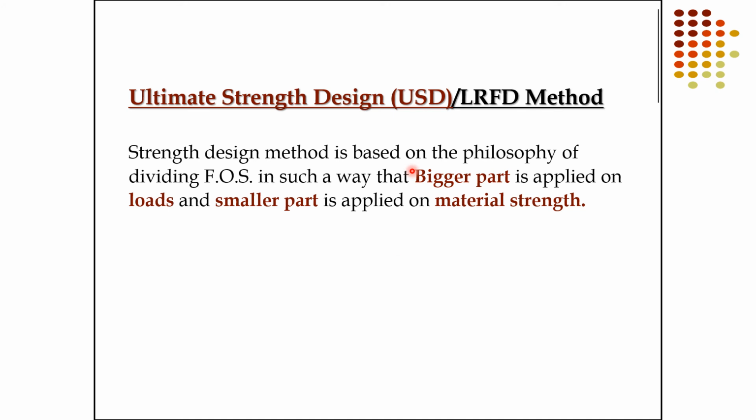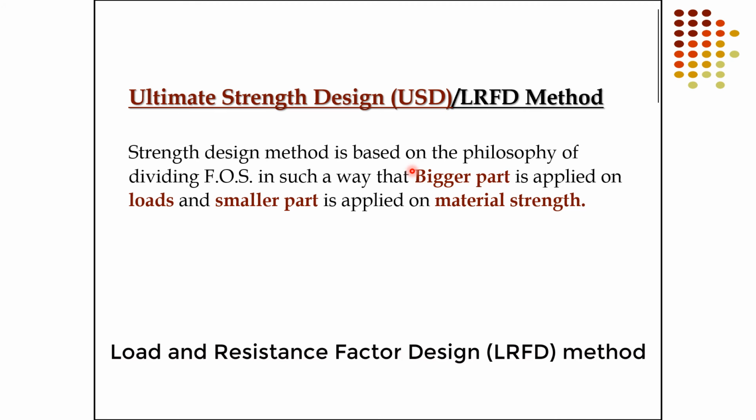Now, the ultimate strength design and LRFD method. In the present era and in the ACI codes, the method which we use for the designing of members, beams, columns, and slabs, is the ultimate strength design technique, or the LRFD, load resistance factor design method. What is that?